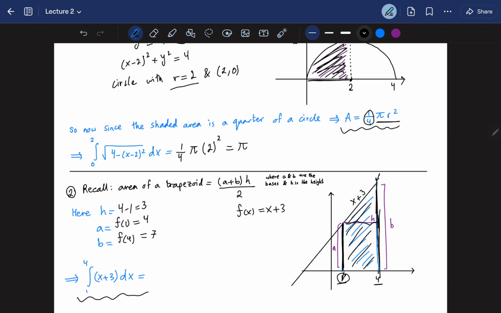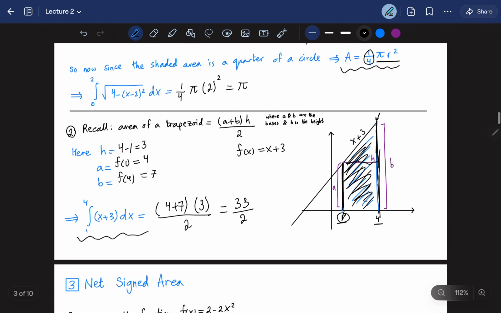the area of a trapezoid, which is 4 plus 7 multiplied by your height 3 divided by 2. So this is just 33 over 2. So that's the area under this curve from 1 to 4, which represents my definite integral from 1 to 4.